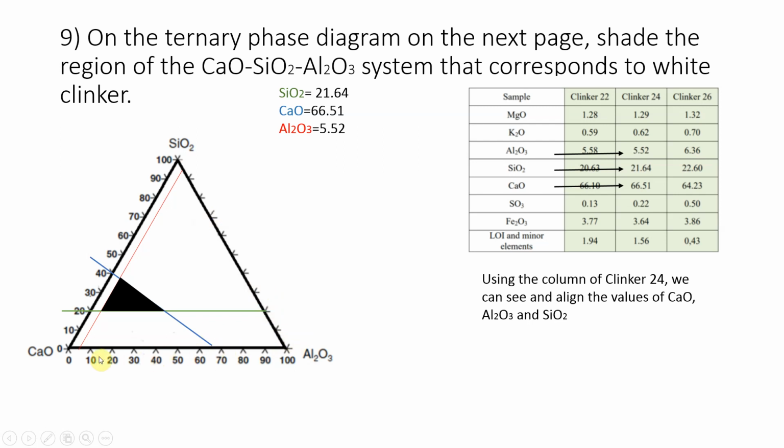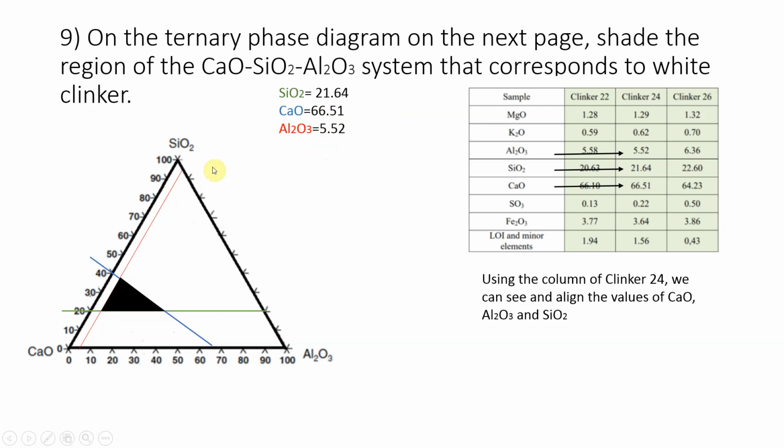And for CaO, I'm sorry, we read from the left bottom side to the top side. So it's 10, 20, 30, the way it's here. The value for SiO2 is 21.64, for CaO it's 66.71, and for Al2O3 we get 5.52. Now we have the colors so we can identify the lines.